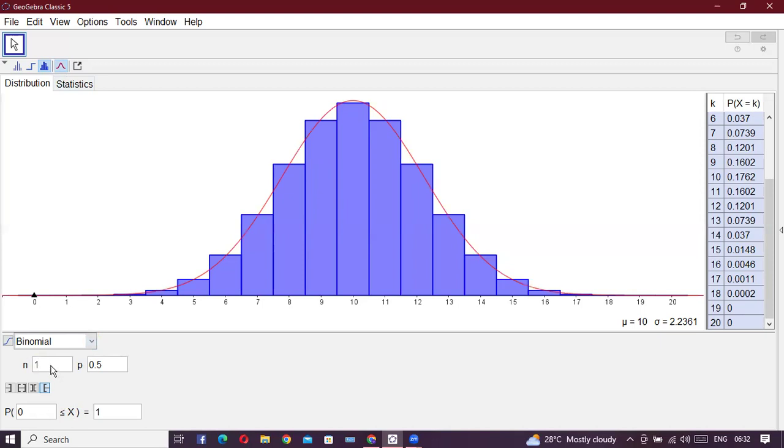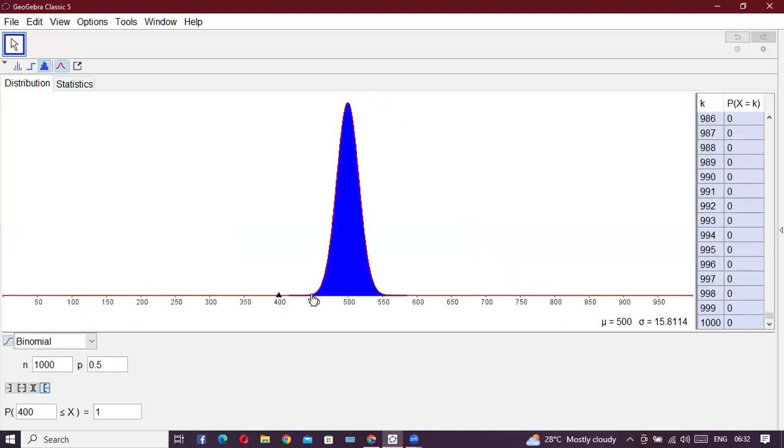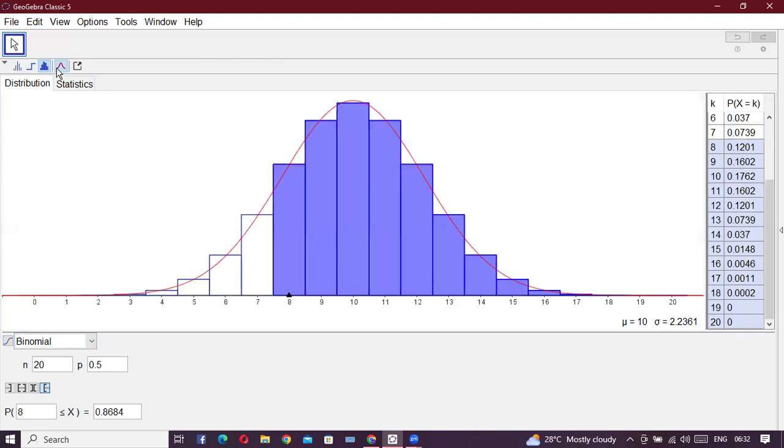For example, when I use 1,000 trials, there are so many bars here that it is almost looking like a normal distribution curve. All right, so let's move back to the 20. Let's remove this option and solve one question under the binomial, and see how you can use GeoGebra to solve it.